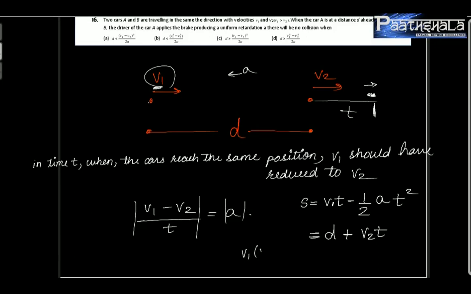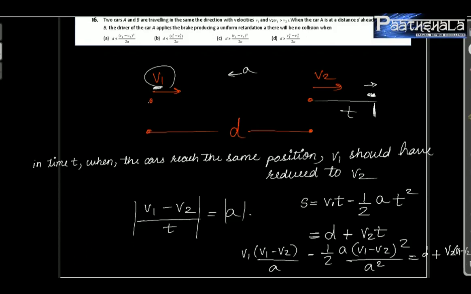Therefore, V1 into V1 minus V2 upon A minus half A V1 minus V2 the whole square upon A square is equal to D plus V2 into V1 minus V2 upon A. Alright, so A goes away, all the A's in the denominator also go away.